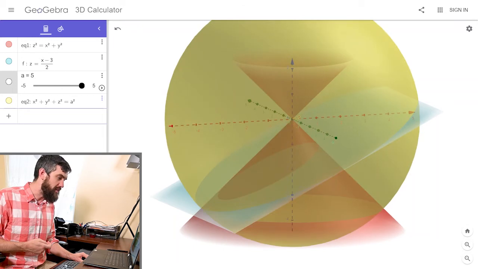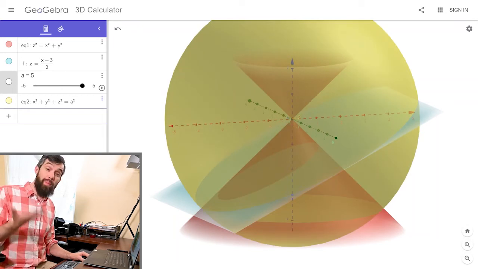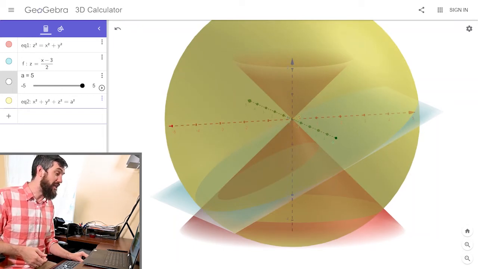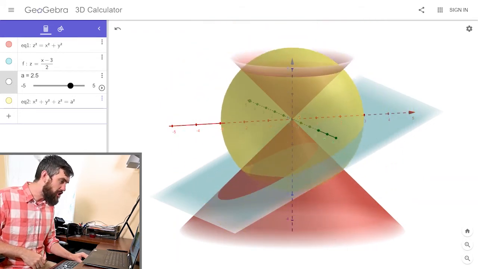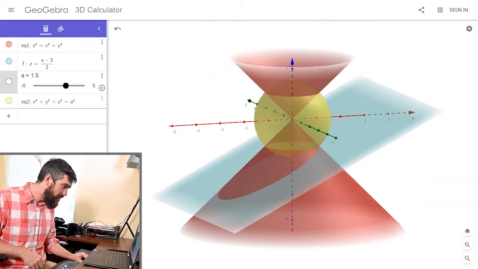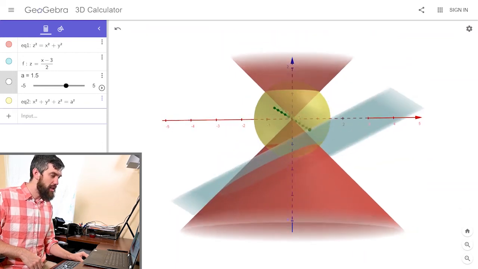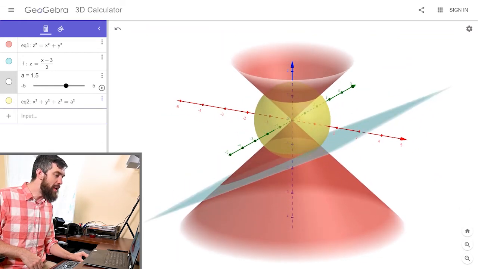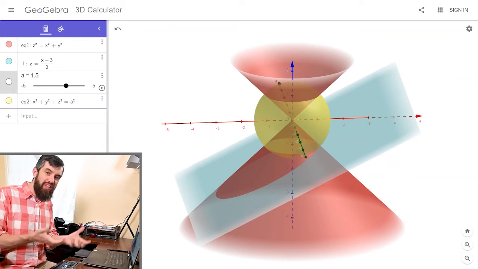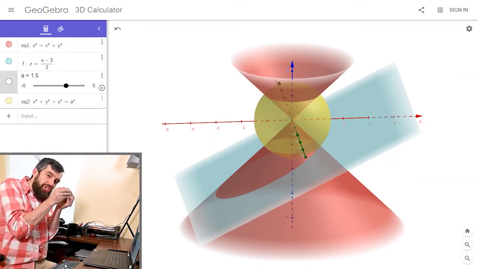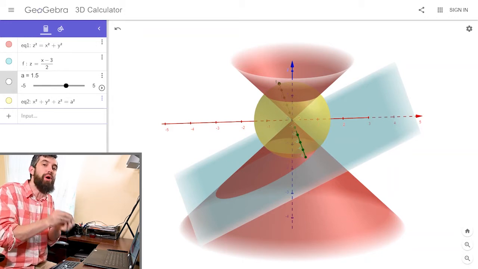If I go all the way to the extreme end here, this sphere is too big. It doesn't intersect the ellipse at all. It's entirely outside of it. But if I time this just right to something like, how about right about there? Well, this just barely touches the ellipse. The radius of this sphere is such that it just kisses the first point on the ellipse.